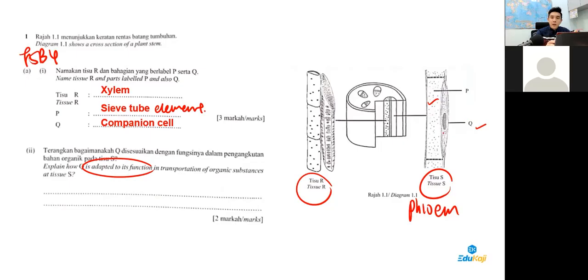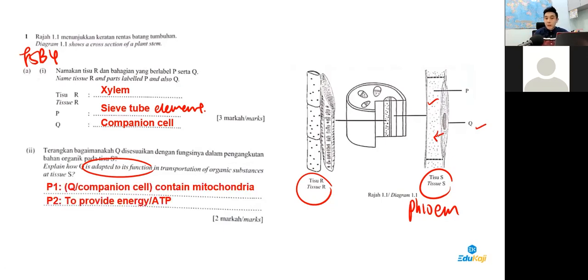Normally I always tell my students Q is like someone who is looking for a companion. Companion cell is very well named, because a companion is someone who would give you whatever you need unconditionally. Here, the companion cell contains mitochondria and supplies energy for active transport to occur.